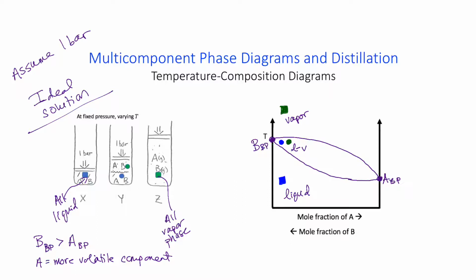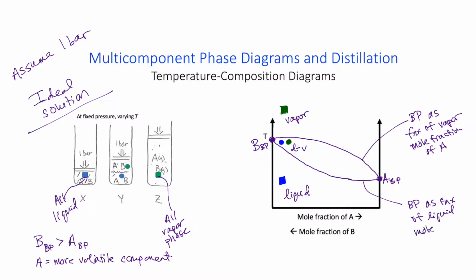This is essentially the boiling point of your mixture as a function of the vapor mole fraction of component A, and then that lower one is similarly the boiling point as a function of the liquid phase mole fraction of component A. So that's where the data for those lines comes from.